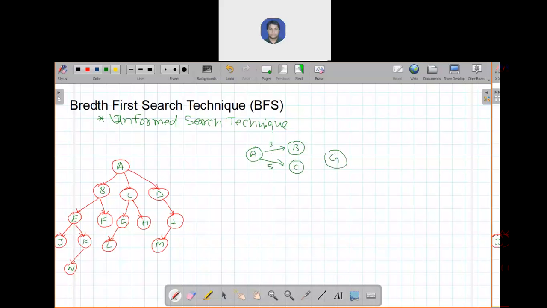If one state can move you to the goal state, or at what cost, we do not have any idea. This is uninformed search.